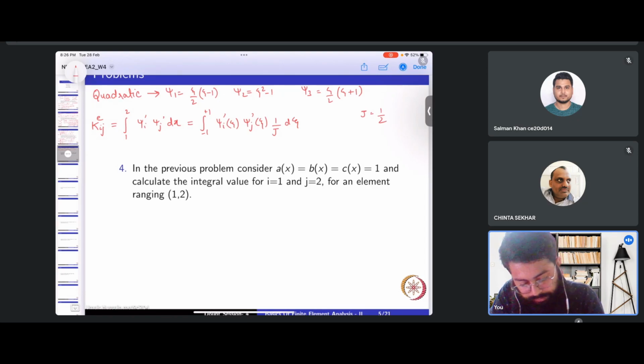So we need to find it for i equals 1 and j equals 2, K12 basically. That is d psi 1 by d zeta times d psi 2 by d zeta times 2 d zeta.